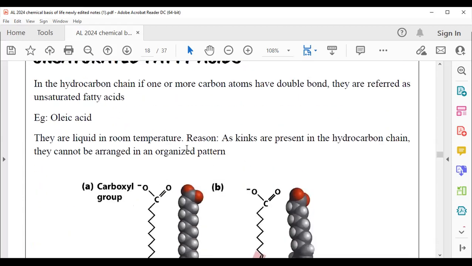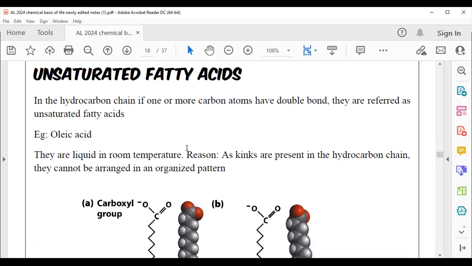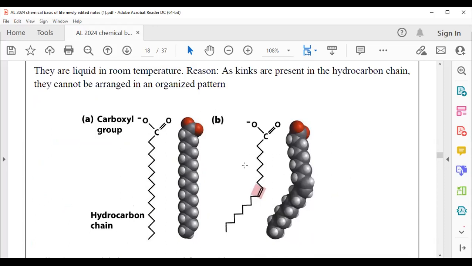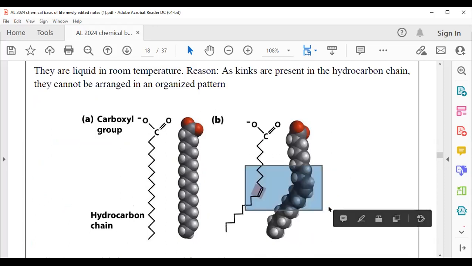In unsaturated fatty acids, there will be double bonds between carbon atoms in the hydrocarbon chain. At the double bond places the chain bends, and those bent places are called kinks, K-I-N-K.